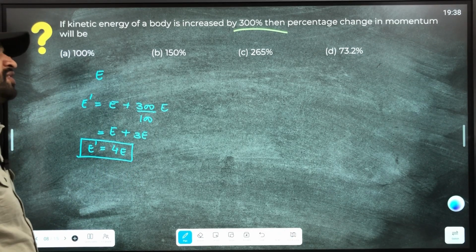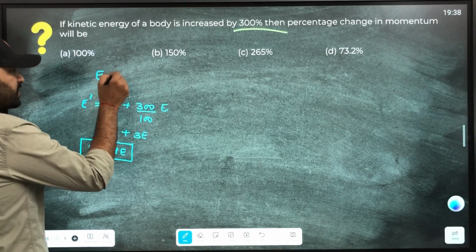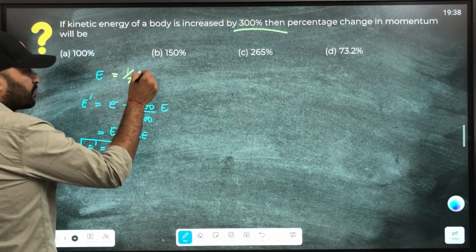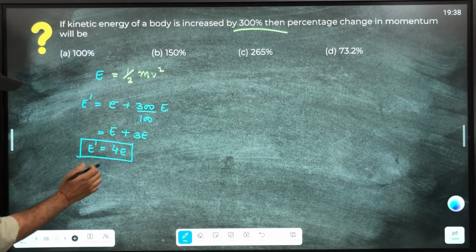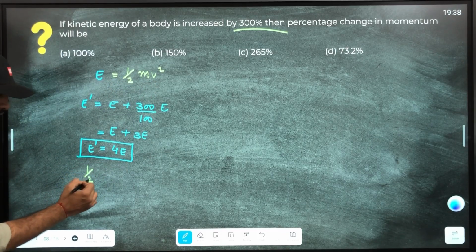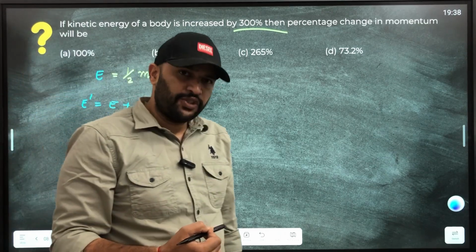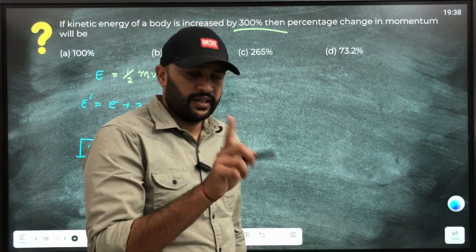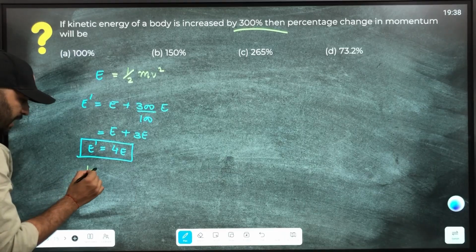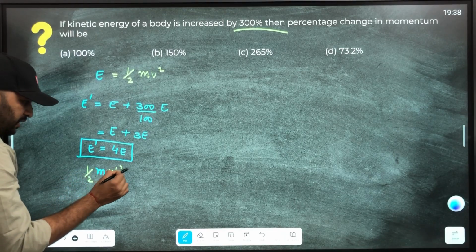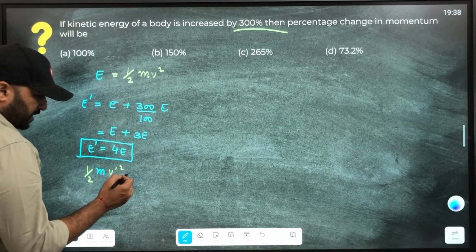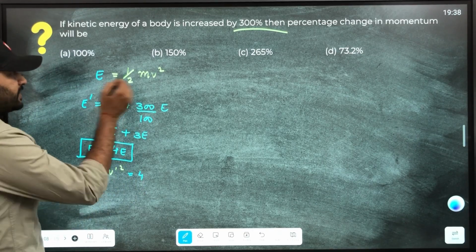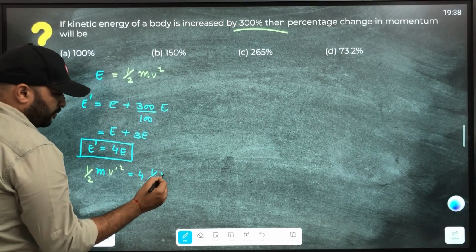Then the percentage change in the momentum. Previously the energy was E, whose value was half mv square. Let's substitute this half mv square here. When you are increasing the kinetic energy, you are increasing the velocity of the same particle, so the mass remains the same. Half m, new velocity v dash square, equals 4 times E, and E is half mv square.